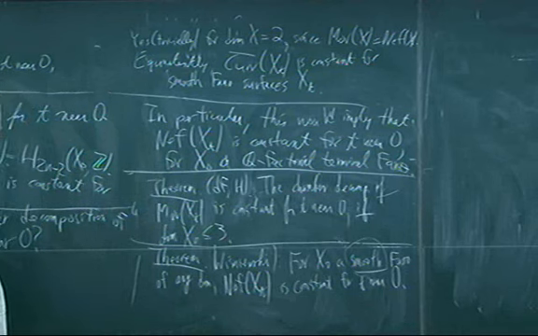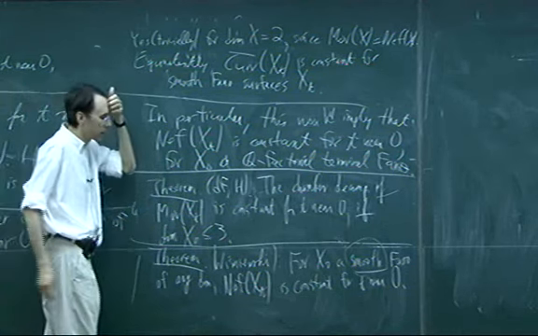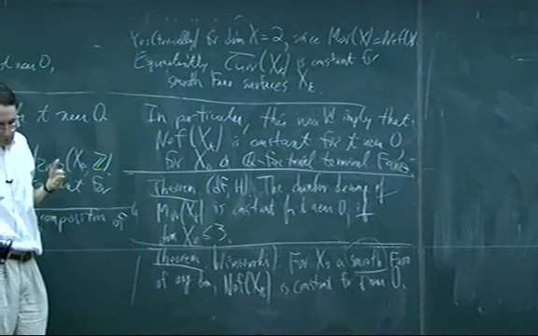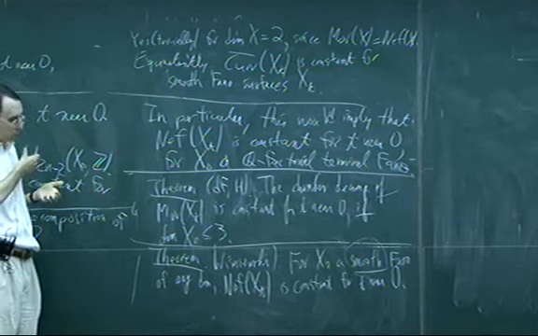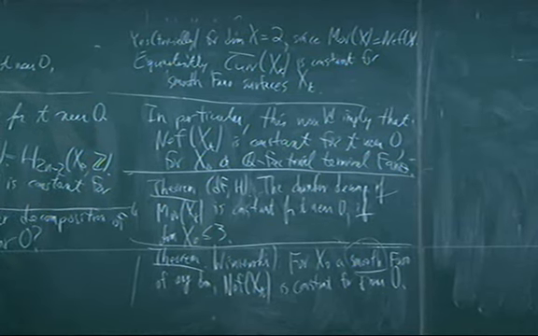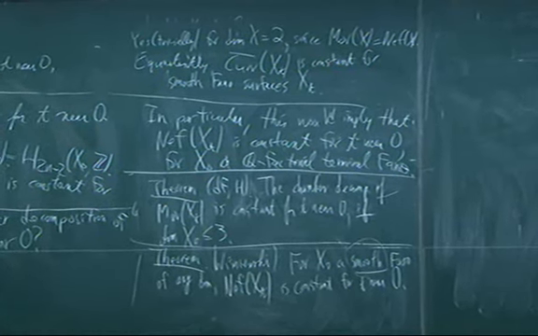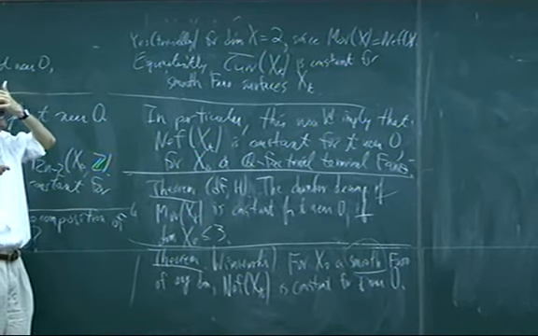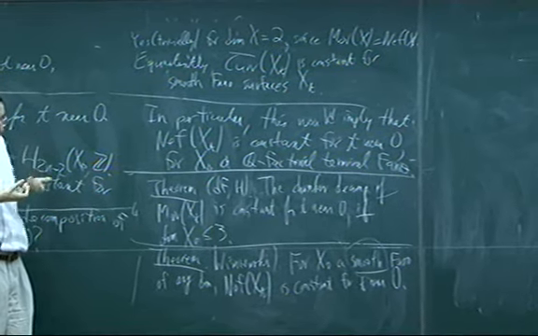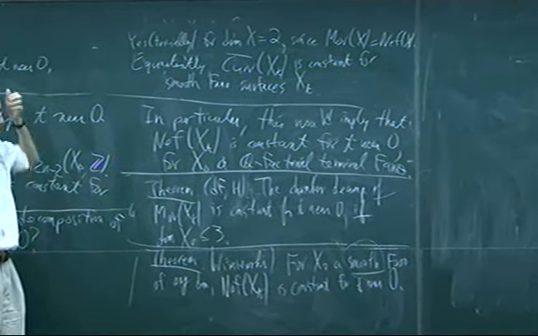What he's using are dimension estimates that say, if you have a flipping contraction of a smooth projective variety, so you make a K-negative contraction, say you contract some subvariety to a point, then such a contraction has to contract a subvariety of dimension at least half the dimension of the whole variety.